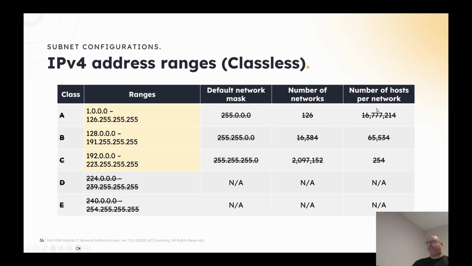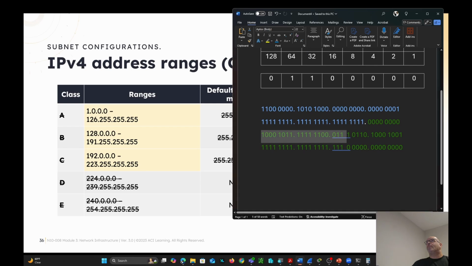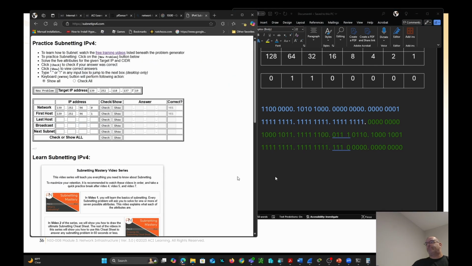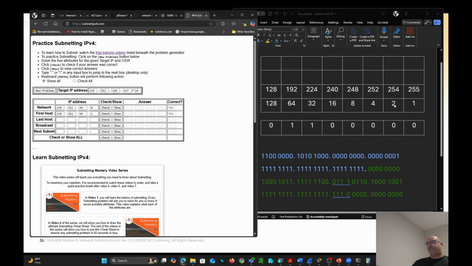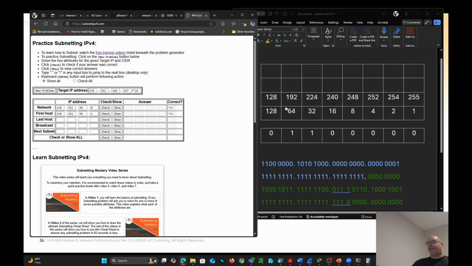How many hosts are in a network? 254 if it's only one octet wide. So this is where things start getting a little interesting, okay?